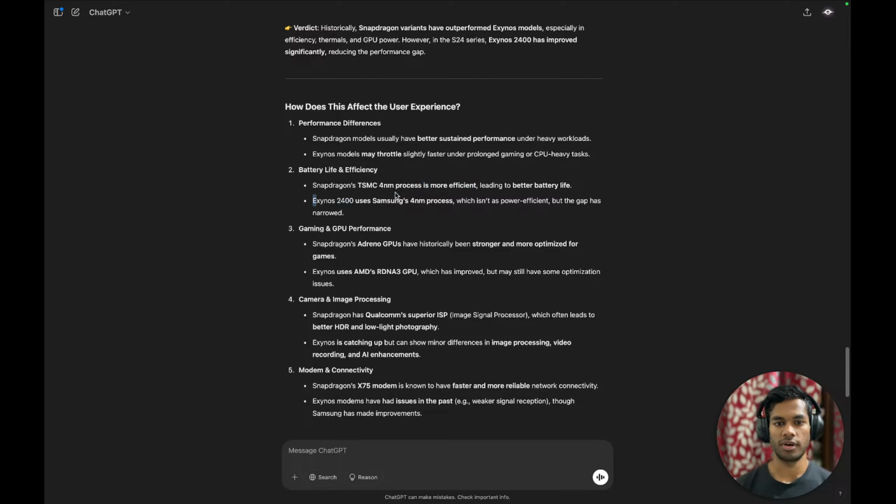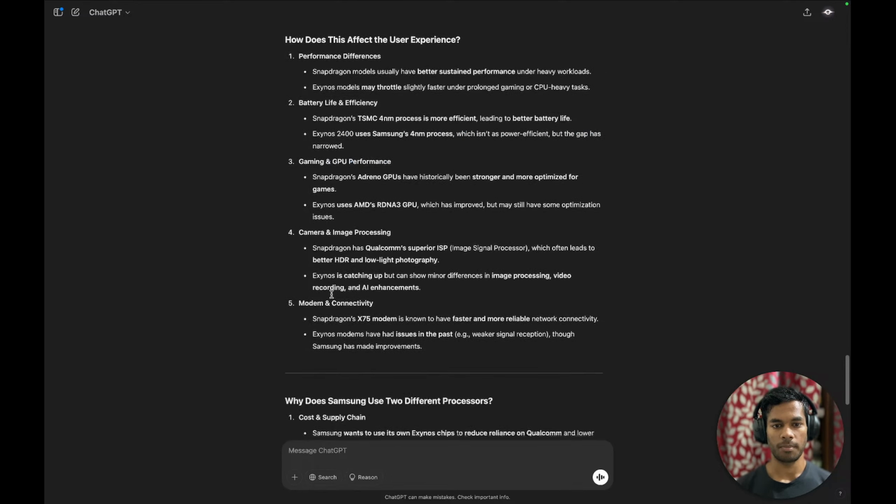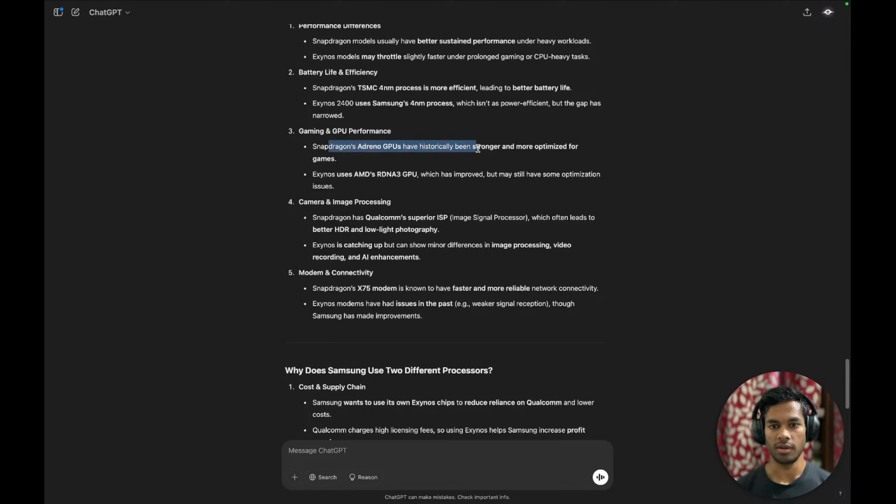Exynos 2400 uses Samsung's 4 nanometer process, which isn't as power efficient, but the gap has narrowed. Gaming: Snapdragon has historically been stronger, and Exynos has improved but still lags.